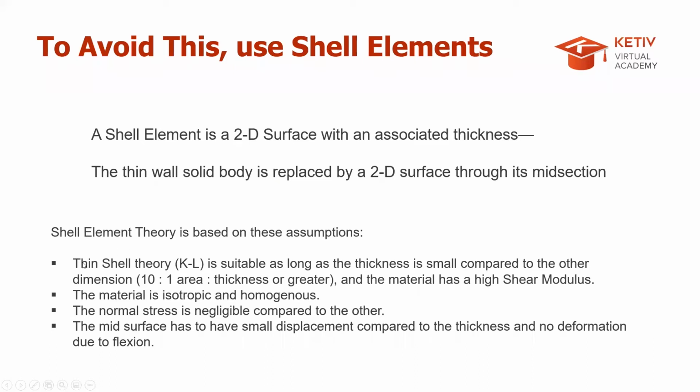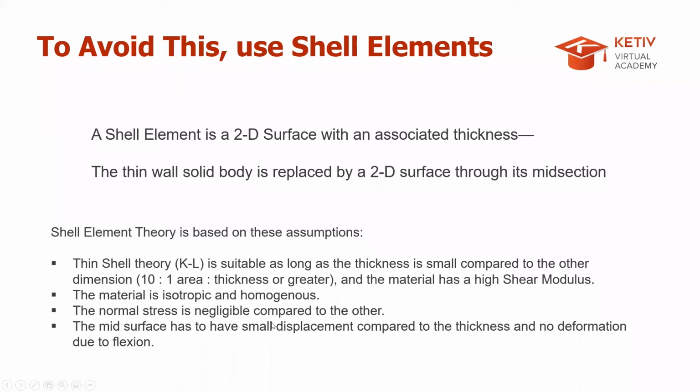So we have thin shell theory, Kirchhoff-Love, that's applied. And it assumes that the thickness is really small compared to the other dimensions. You have at least a 10-to-1 area to thickness ratio or greater, probably 20-to-1. And we have a number of other assumptions. So the material has a high shear modulus, it's isotropic and homogeneous.